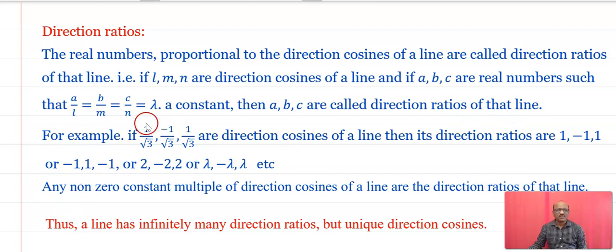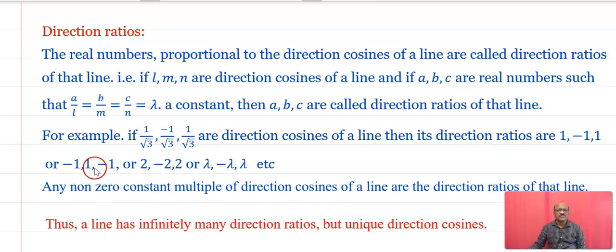For example, 1 by root 3, minus 1 by root 3 and 1 by root 3 are the direction cosines of a line. Then its direction ratios are 1, minus 1 and 1, or minus 1, 1 and minus 1 if you change the sign.